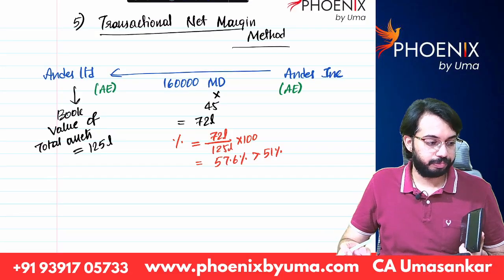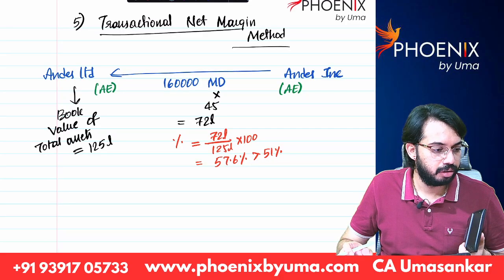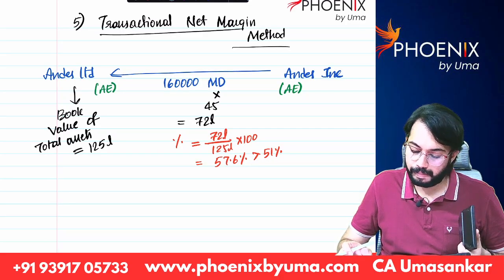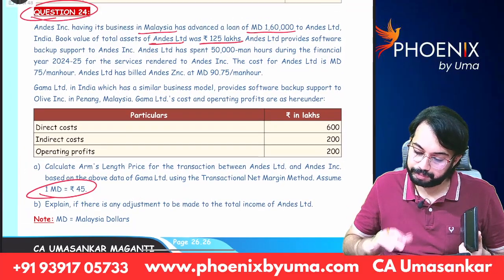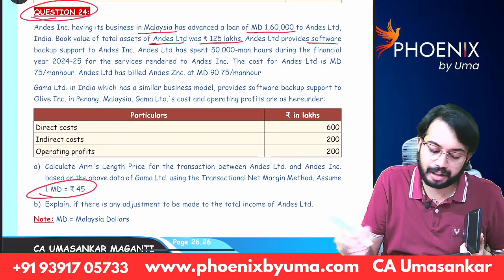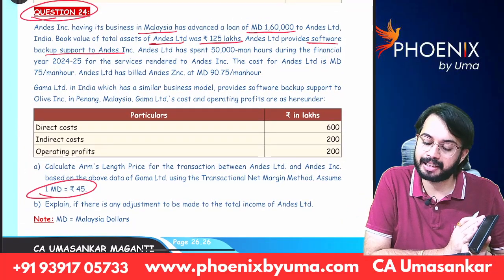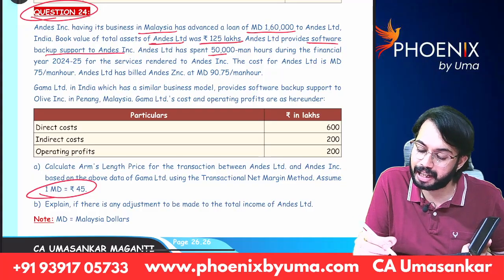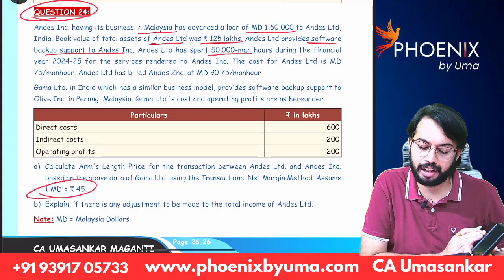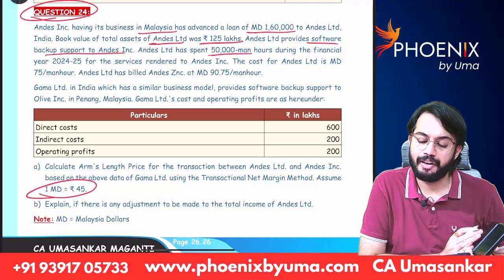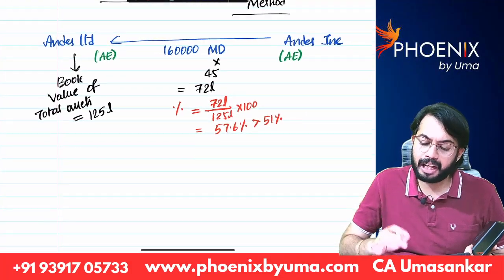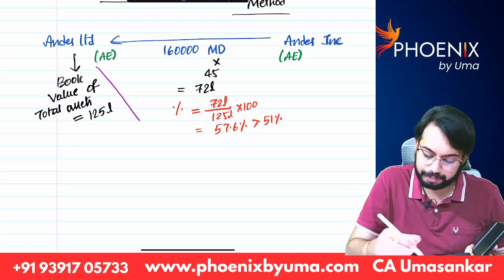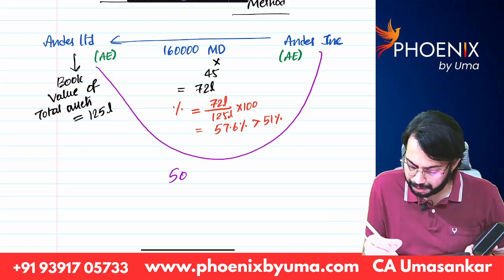Now, next. ANS Limited provided software backup support to ANS INC. ANS Limited has spent 50,000 man hours during financial year 24-25 for services rendered to ANS INC. So how many hours of service is provided? 50,000 man hours.